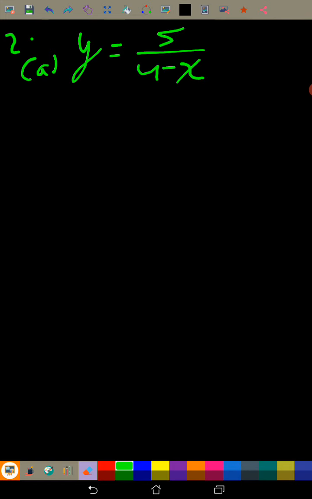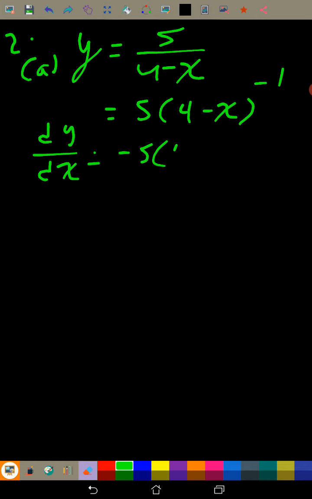Alright, so I think we are ready to look at another step, and that's when you have to find the rate of change, but this time it is something more difficult. I see y is equal to 5 over 4 minus x, so I guess the same old thing now, kind of boring.